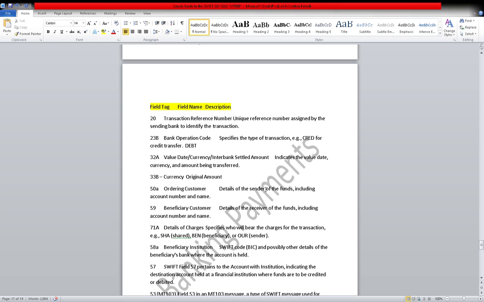Can you please explain the difference between these two amounts, 32a and 33b? This is also a question which is always asked. Ankit, you just wait for 2 minutes; you already answered this question last time, that's why I'm asking them.